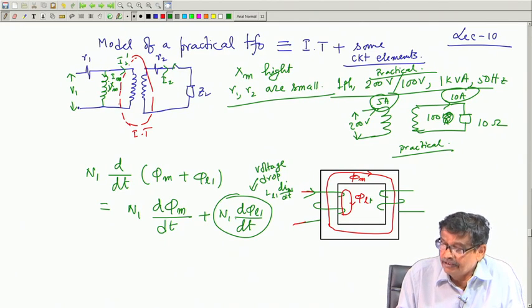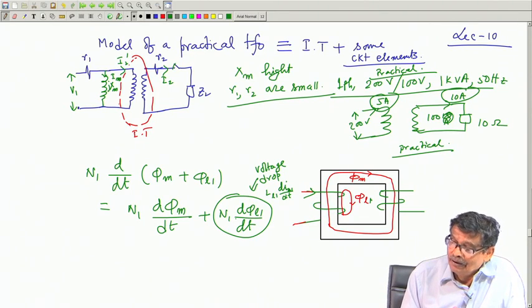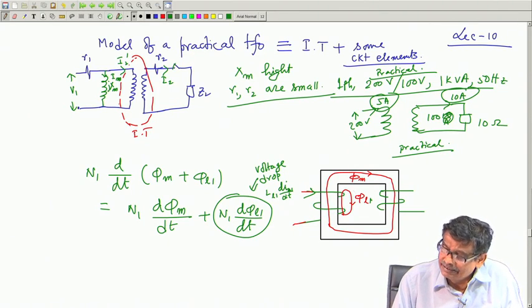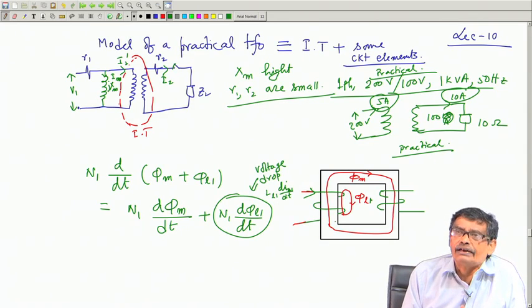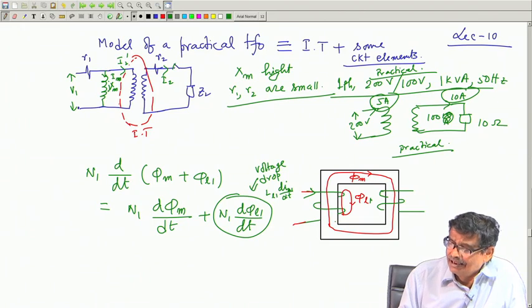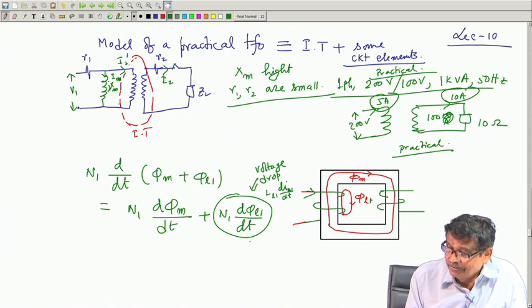One is the mutual flux, which will be totally in the core, and another is the leakage flux. This leakage flux will complete its magnetic path primarily through the air. Its reluctance is high, so the leakage flux itself will be small, but nonetheless it will cause an extra voltage drop.